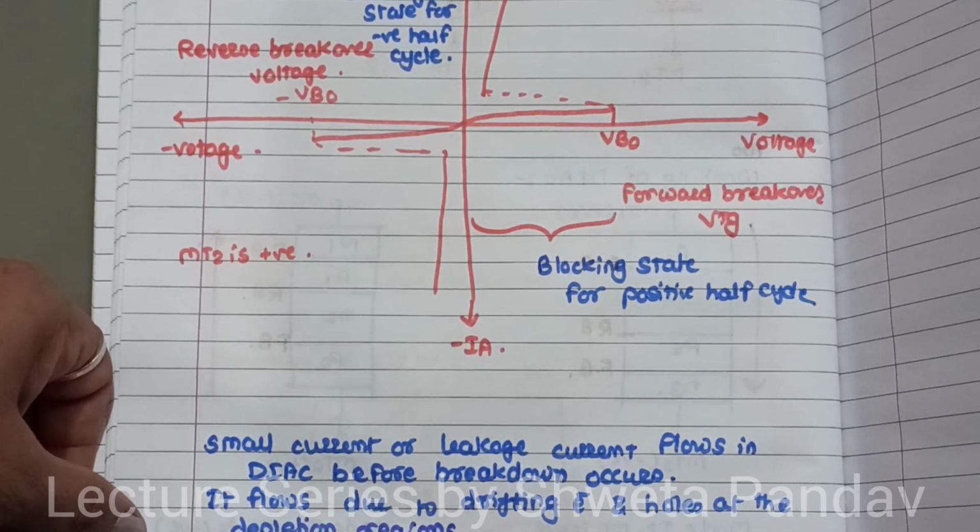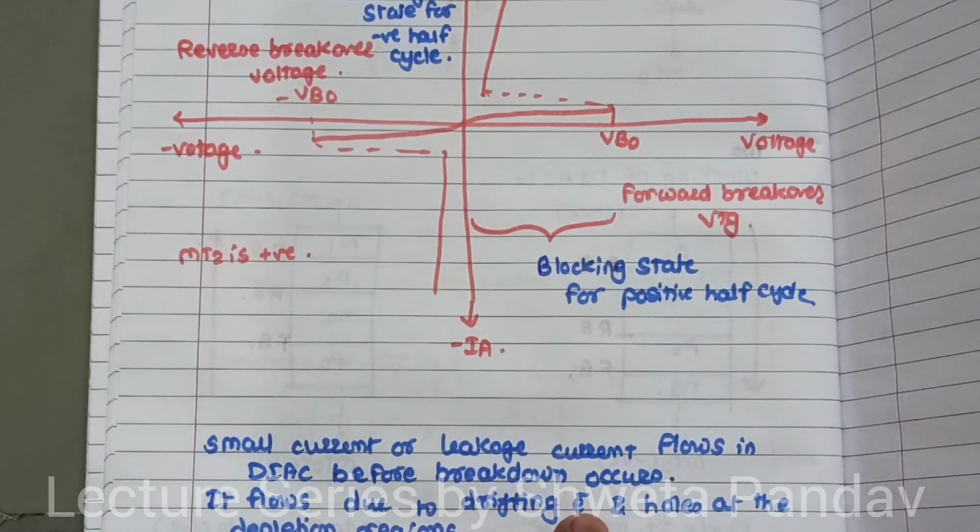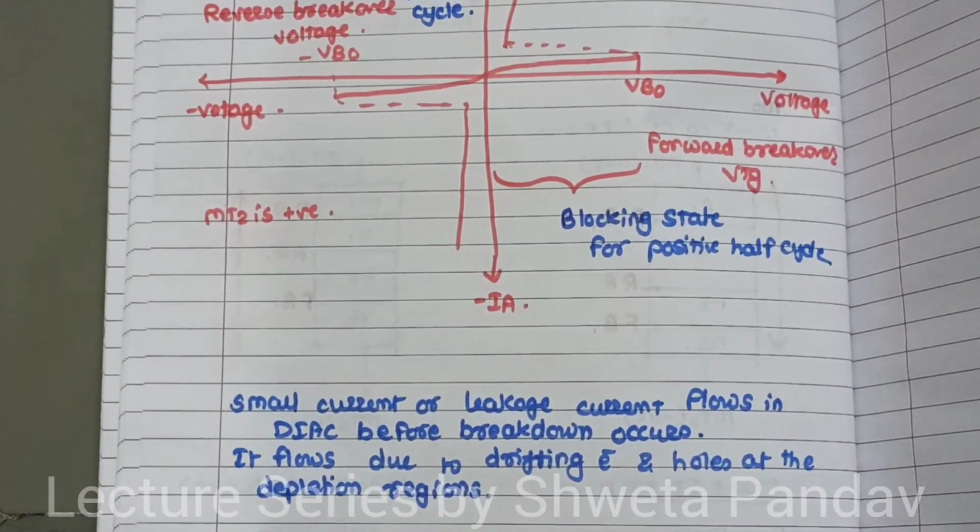These electrons and holes are not sufficient to turn on the DIAC.